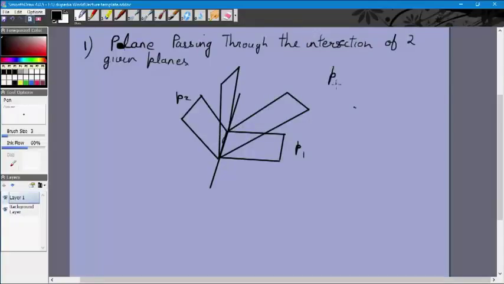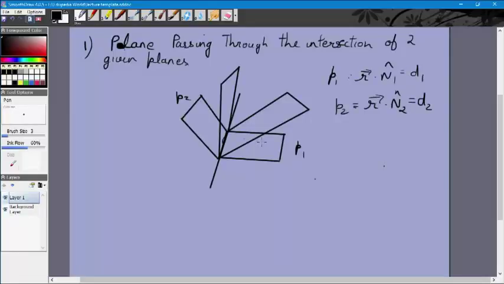So let's use the normal form for the equation. Say P1 is given by r dot n1 cap is equal to d1 and P2 is given by r dot n2 cap is equal to d2. So these are the 2 planes.